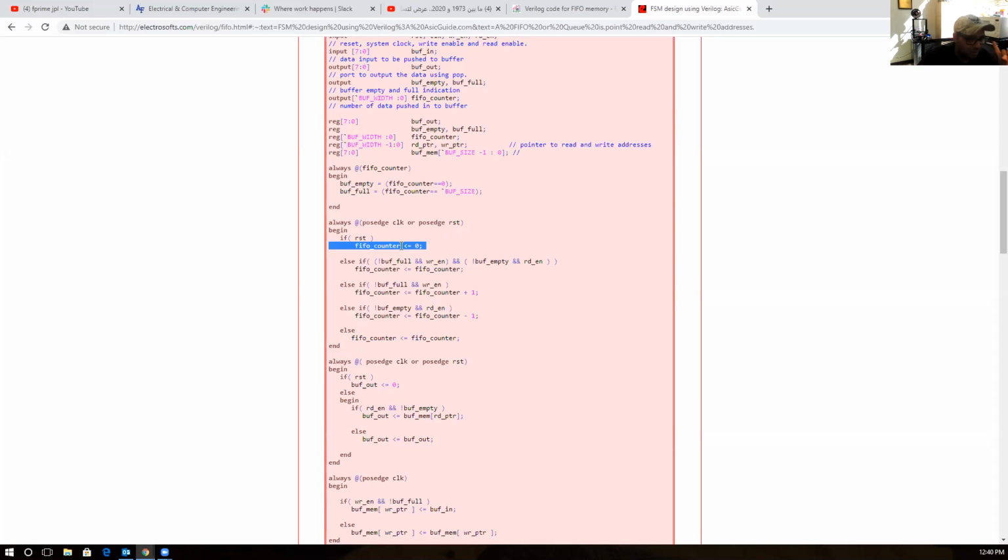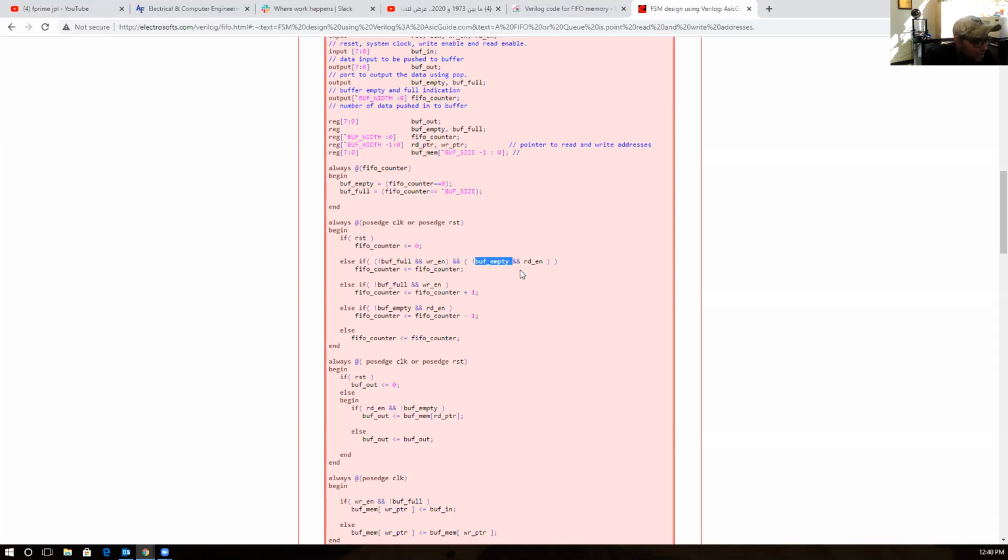But then look, if I'm enable writing, but the buffer is not full, that means I'm trying to write, and at the same time the buffer is not full, and at the same time the buffer is not empty, and I'm also pulling data out, that means read enable.